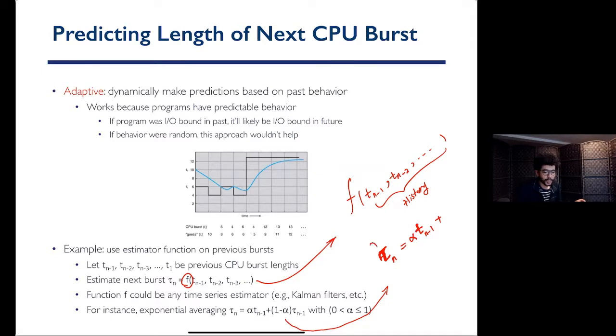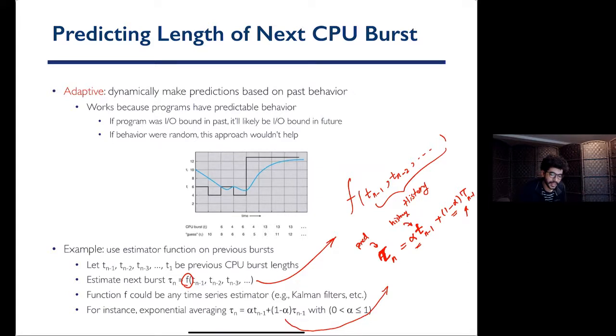So this is my prediction, and this is the actual time. This is the history at time n minus 1. And then you put 1 minus alpha on your previous prediction, whatever you predicted previously. So you put weights between what really happened previously and what you predicted to happen previously.